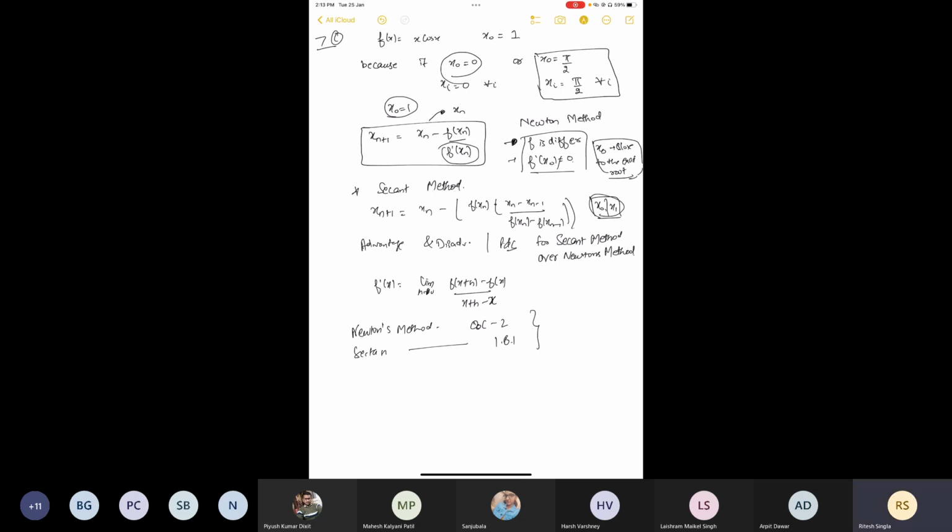But there is a drawback for Newton's method, right? What is that? I have to have one extra condition: differentiability. Yes. So there may be functions which are not differentiable, and there Newton's method fails. So although Newton's method converges at a faster rate as compared to the secant method, there are certain cases where Newton's method does not apply. I think these things must have been discussed in class. I'm just recalling it for you guys.